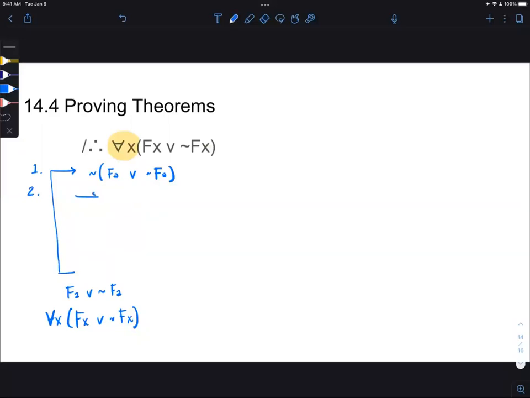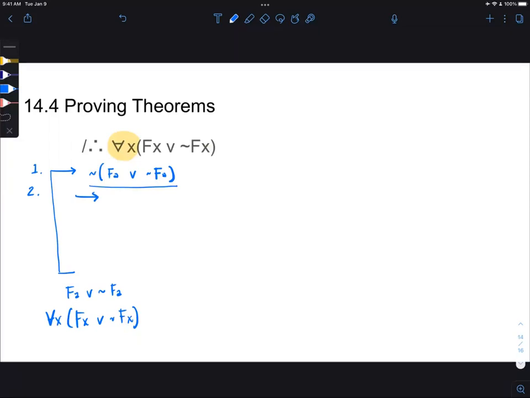But I still kind of need to know what I want to get started. And here's where it's kind of hard for me to explain strategy, because I can just see that the thing that I'm going to be able to derive a contradiction with is this, because I know that P or not P is a logical truth. I mean, that's what we're proving, right?